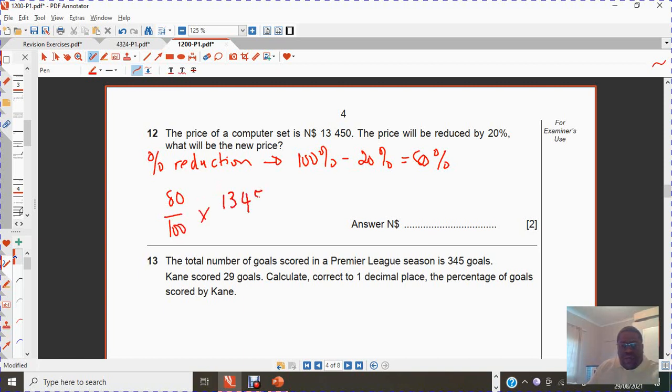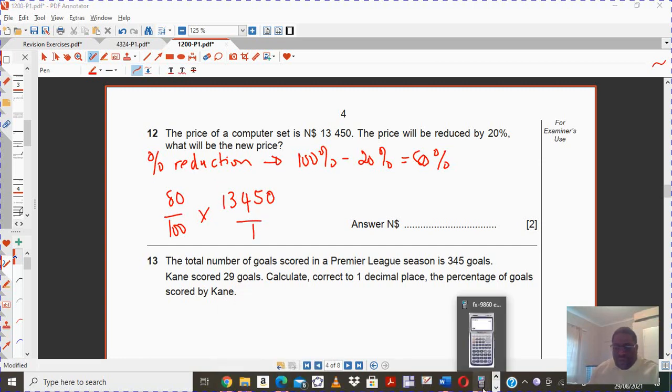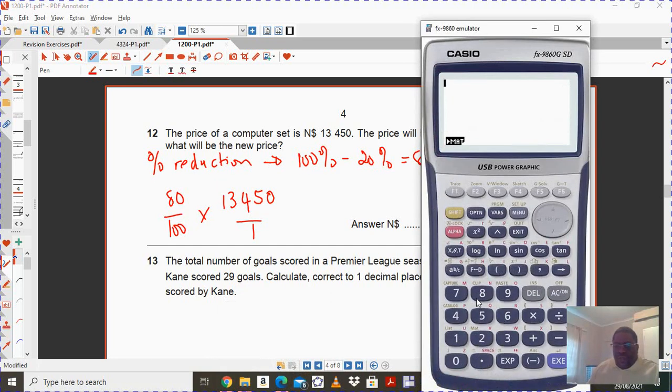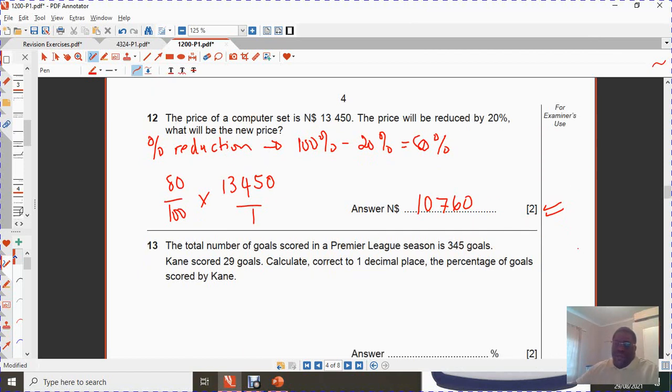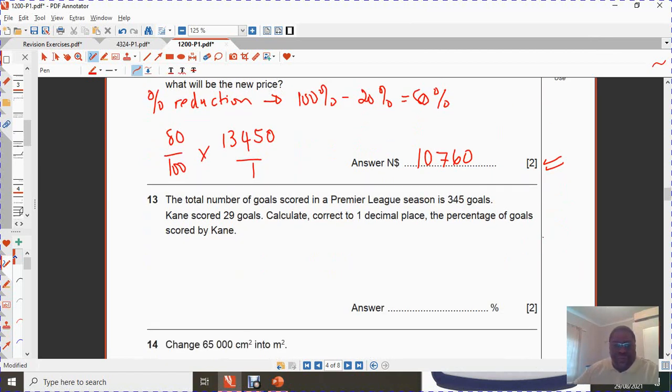So I just find 80% of that amount. You can grab your calculator. 80% is nothing but 0.8. Then you multiply that by 13,450, which gives 10,760. Again, there are many ways: you can first find 20% and then subtract that from 13,450.